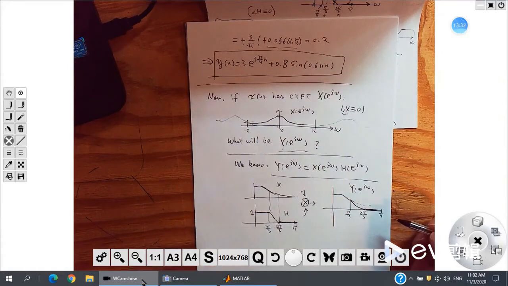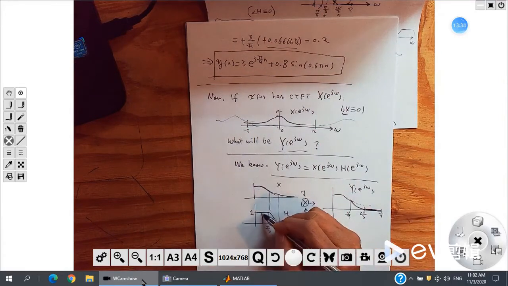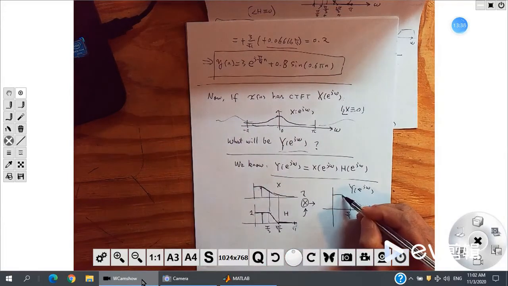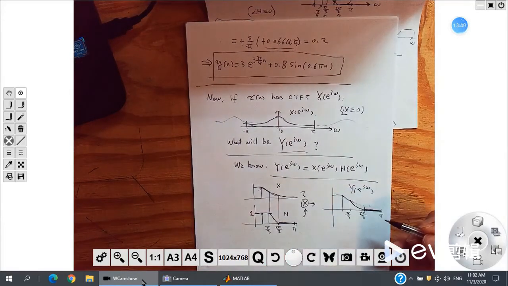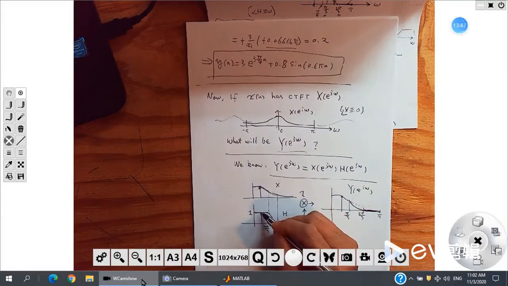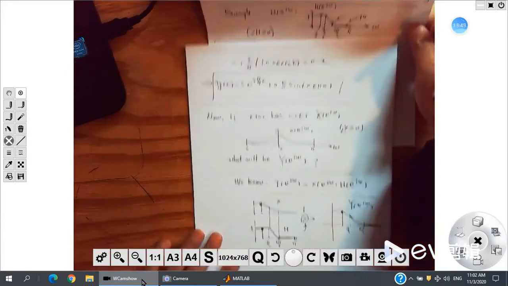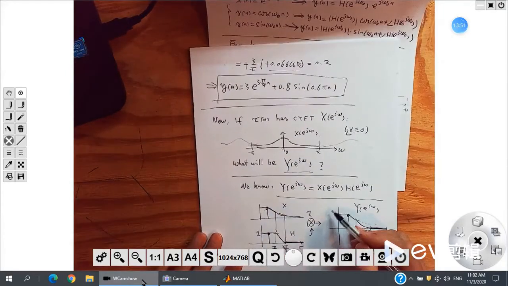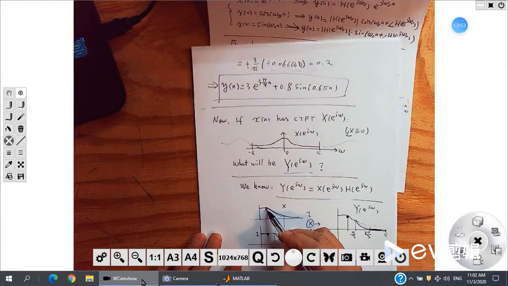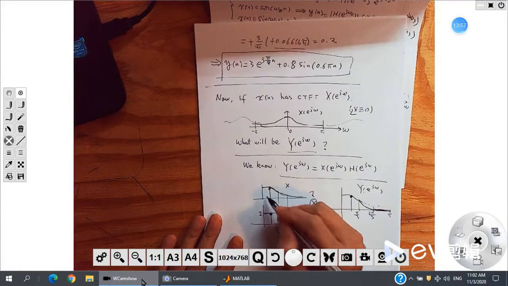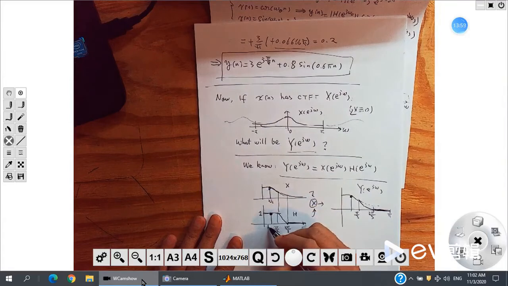So this is Y of e to the j omega. You do the same thing: a value here times a value here. You do point-wise multiplication and you get this point. The value of this point times the value of this point gives the value of this point. Similarly, this is the amplitude of X at this frequency, like this is omega 1.